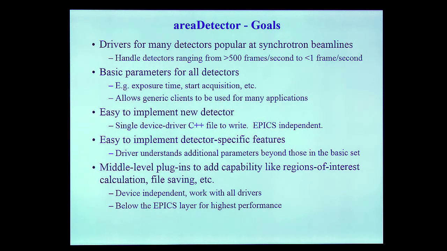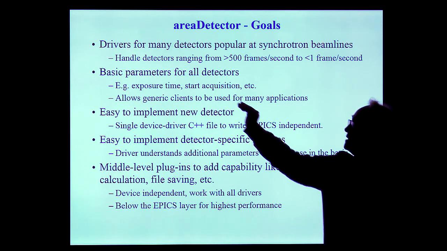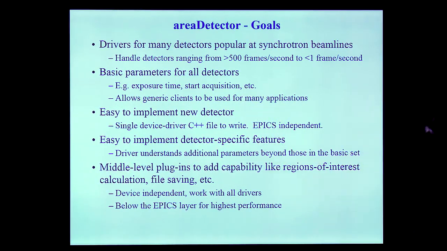The idea was to make a basic set of parameters that are handled the same for all detectors, so that if you know how to use area detector on one camera or detector, it's fairly intuitive how to use it on another one. In fact, you might even be able to use the same script if you're only talking about basic things like setting the exposure time and starting an acquisition.